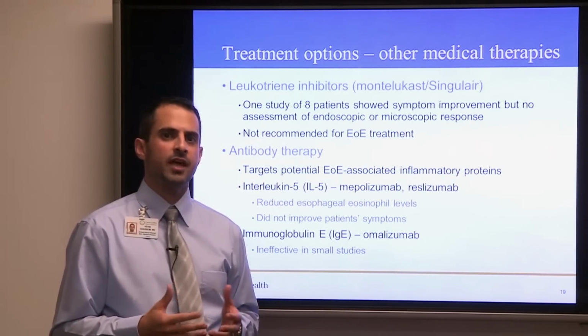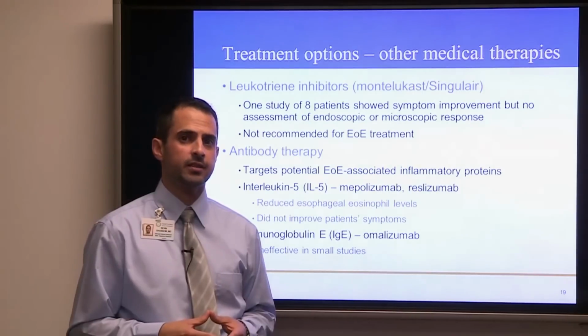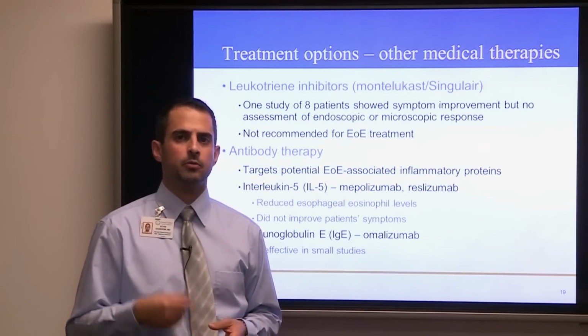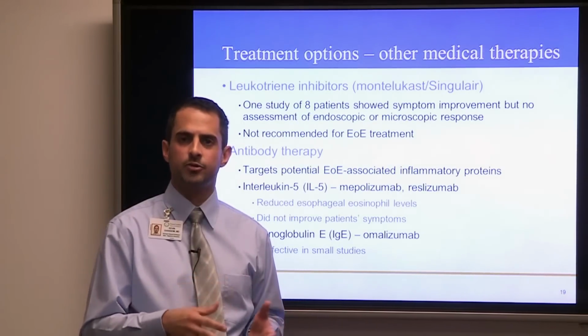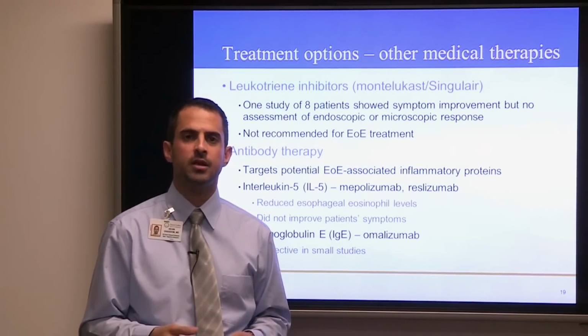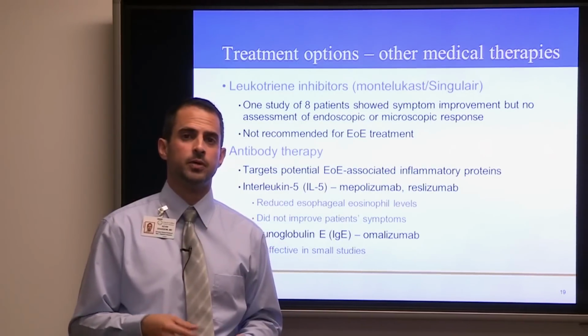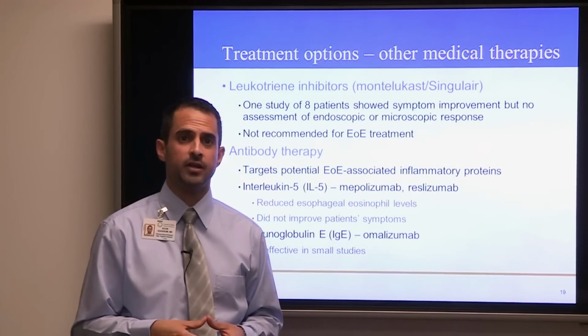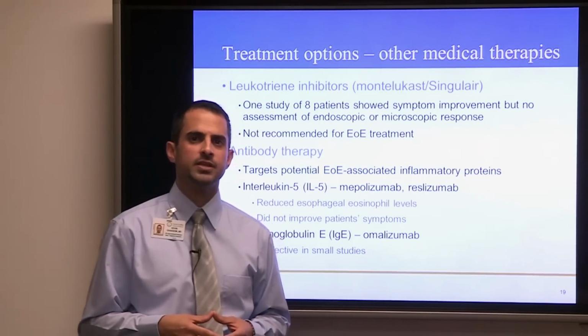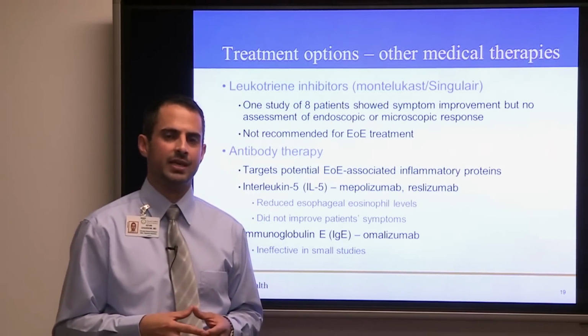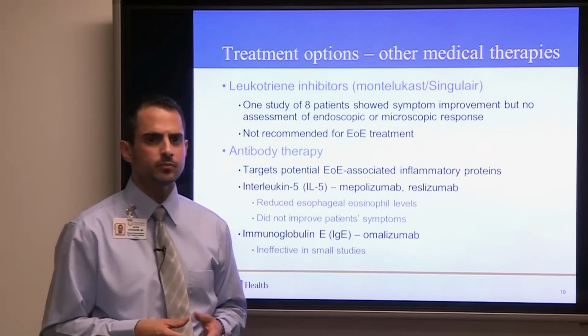The area of most heavy research nowadays is with antibody therapy. And antibodies are proteins that are supposed to attack other inflammatory proteins to help reduce inflammation. It's also used in cancer to help kill cancer cells. So it's a very intensely researched area right now. And there have been some allergic-related antibodies that have been developed.